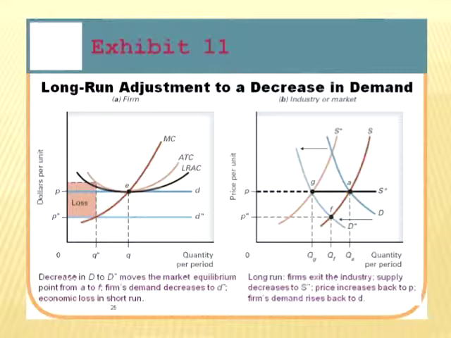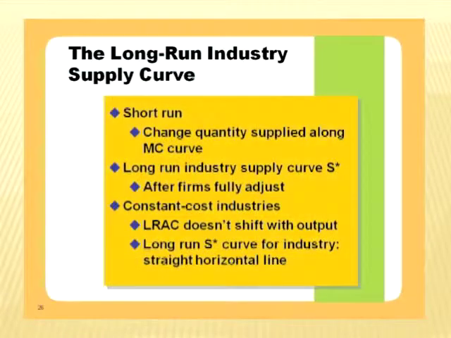Essentially, in the long run, we can make as many of these products as we want to, and we can maintain the price of P simply by expanding and contracting the size of the industry. It's known as a constant cost industry. The long-run average cost curve doesn't shift with changes in output.